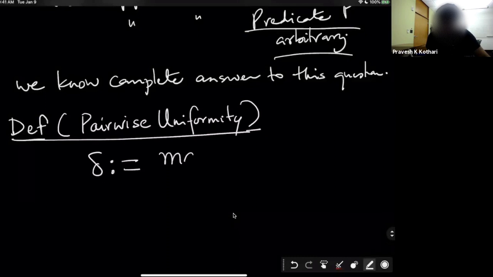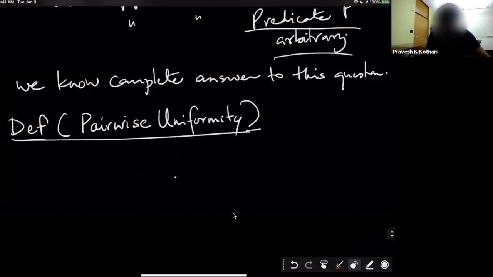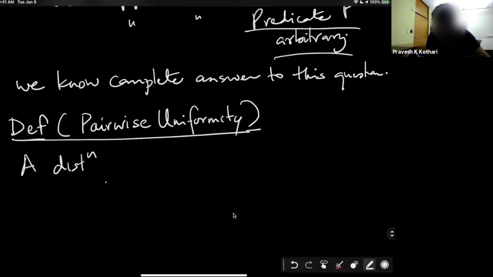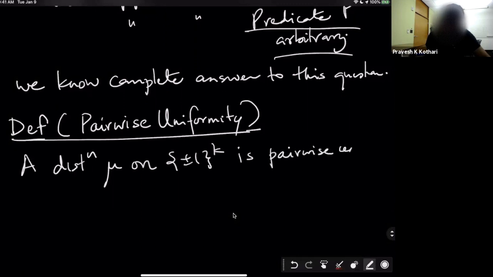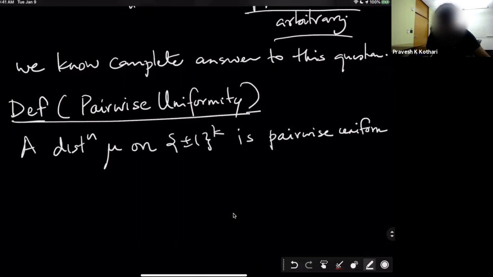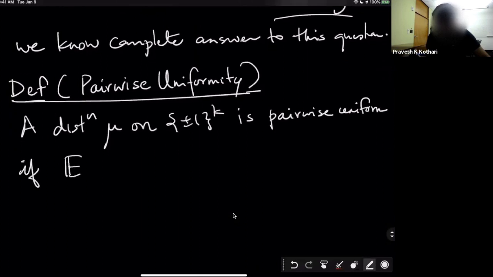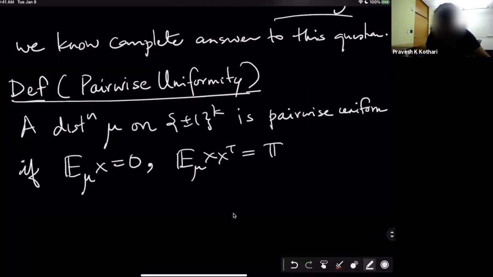Actually, let me first remind you: a distribution mu on plus minus 1 to the k is said to be pairwise uniform if the first two moments are trivial, so if the mean of x is 0, and the covariance of x is identity.